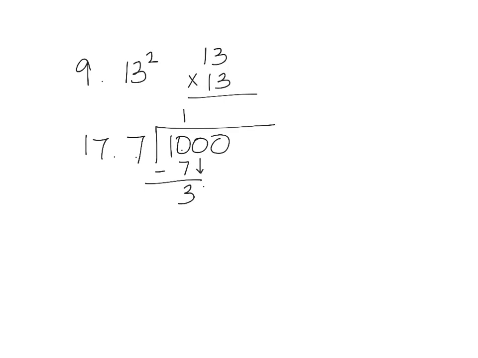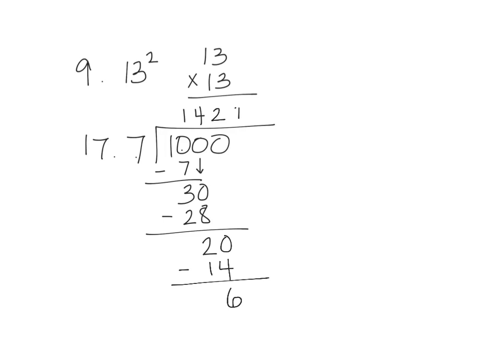Bring down our second 0. 7 goes into 30, 4 times. 7 times 4 is 28. 30 minus 28 is 2. And we'll bring down our last 0. 7 goes into 20, 2 times. 7 times 2 is 14. 20 minus 14 is 6. So 142, remainder 6 for 17.